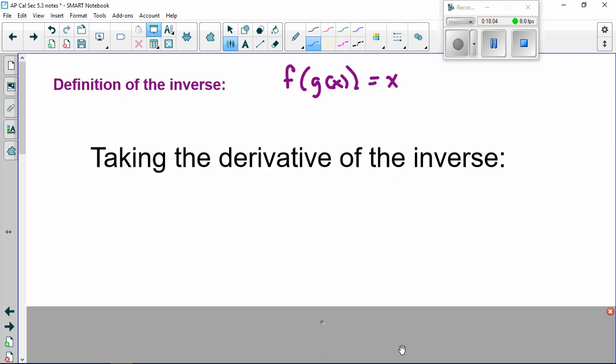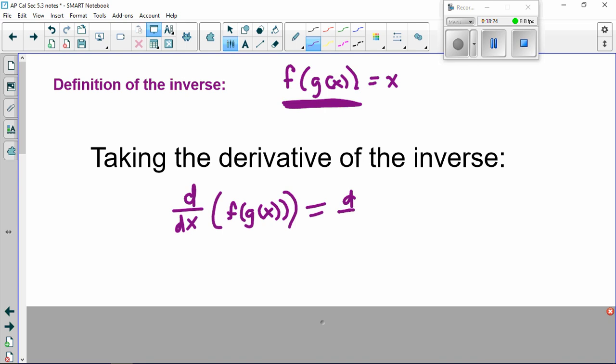When we're taking the derivative of the inverse, well, let's look at this. If this is the definition of our inverse, and we take the derivative of f of g of x, and the other side is x, and we take the derivative of that, just taking the derivative of this equation on both sides.